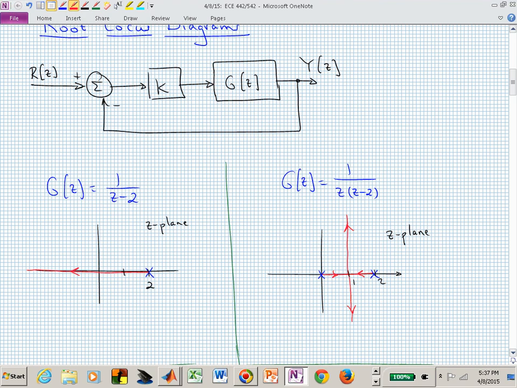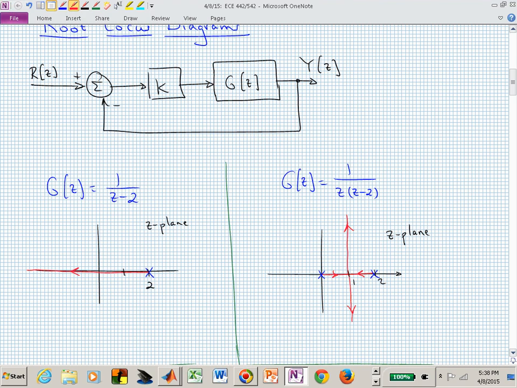What's the pole zero excess? 2. How many zeros at infinity do you have? 2. So those branches in the root locus, you'll have as many branches going off to infinity as you have a pole zero excess, or how many zeros you have at infinity. You have 2 zeros at infinity. Those 2 branches are going off to infinity.